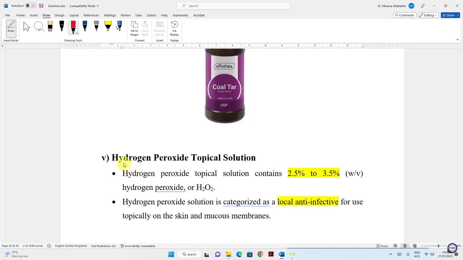Another type of topical solution is hydrogen peroxide topical solution. You can find hydrogen peroxide in Carrefour, in Lulu, with a concentration of about 2.5 to 3.5%. It's very well known that hydrogen peroxide has local anti-infective use. It can be applied to the skin and mucous membrane.